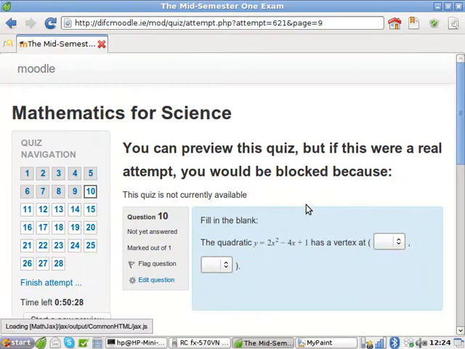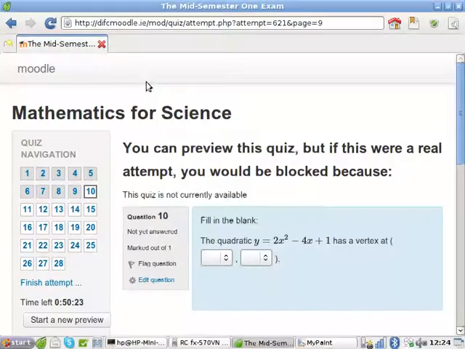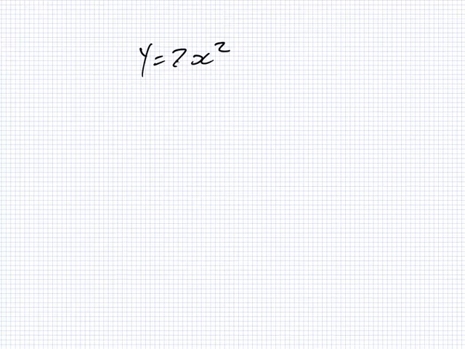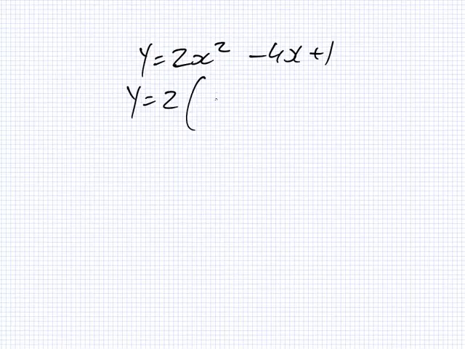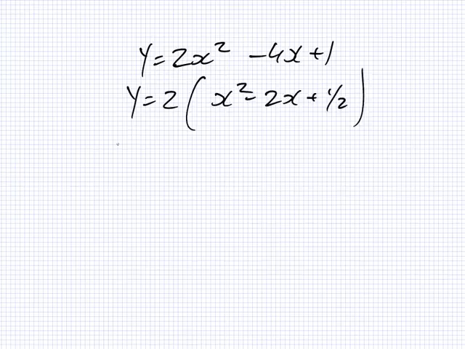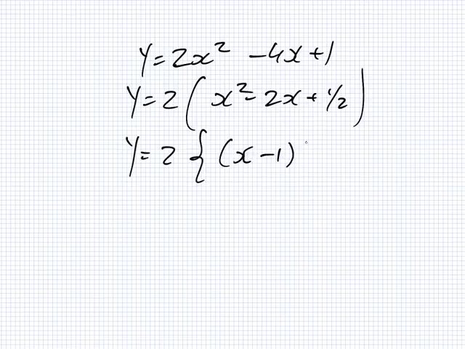Fill in the blank. Okay, we want the vertex. y equals 2x squared minus 4x plus 1. y equals 2 bracket x squared minus 2x plus a half. y equals 2 bracket x minus 1 squared, and then it's a half minus 1, which is minus a half.